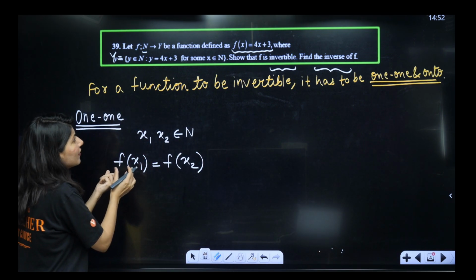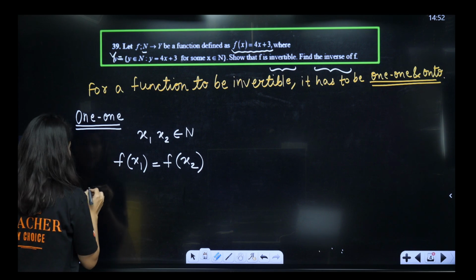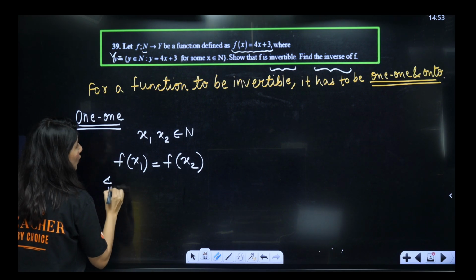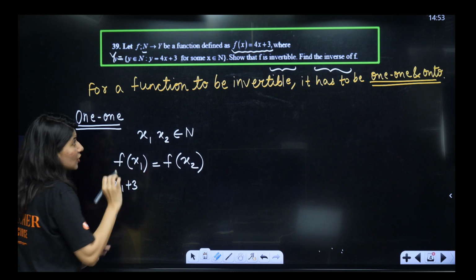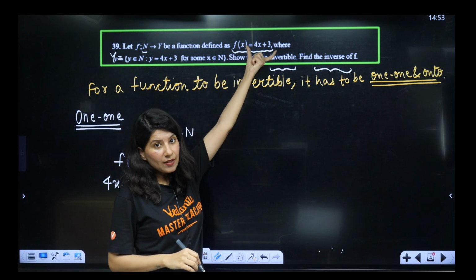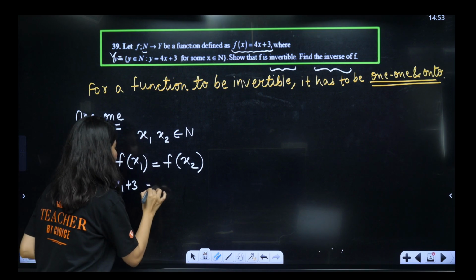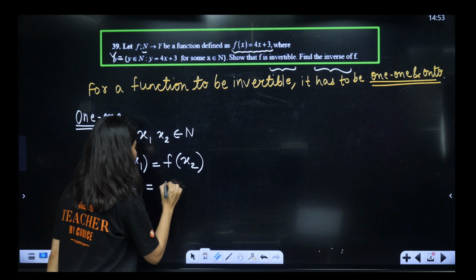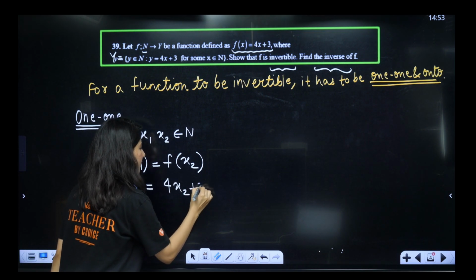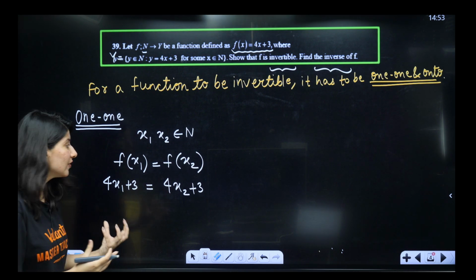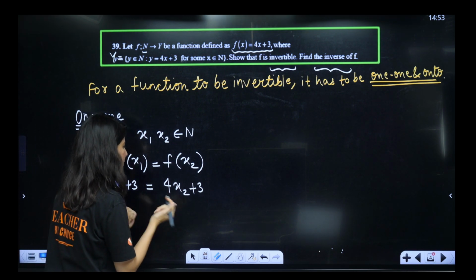Now f(x1) will be 4x1 + 3, as I am putting x1 in place of x. And f(x2) will be simply 4x2 + 3. Now we need to solve this. So 4x1 + 3 equals 4x2 + 3.